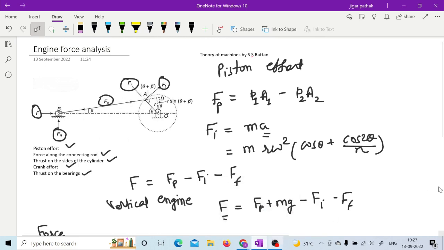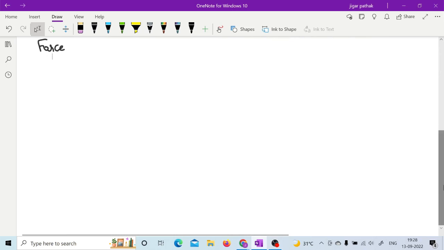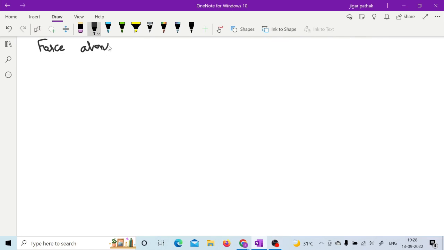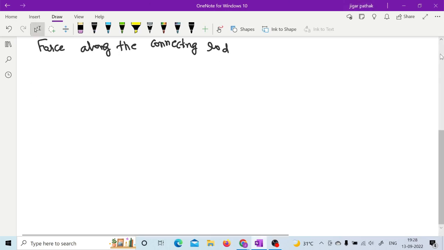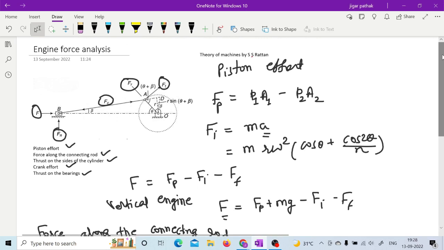Okay, so now you can think about the force which is acting along the connecting rod. If you think about the force along the connecting rod, then from the geometry of the figure, I am again showing you that figure, F is equal to Fc cos beta.